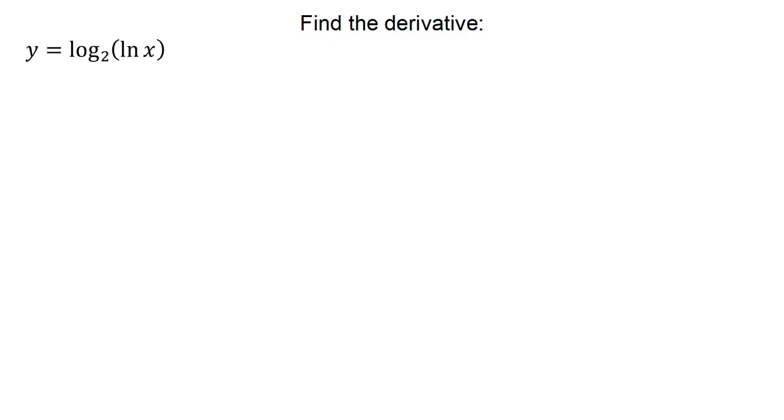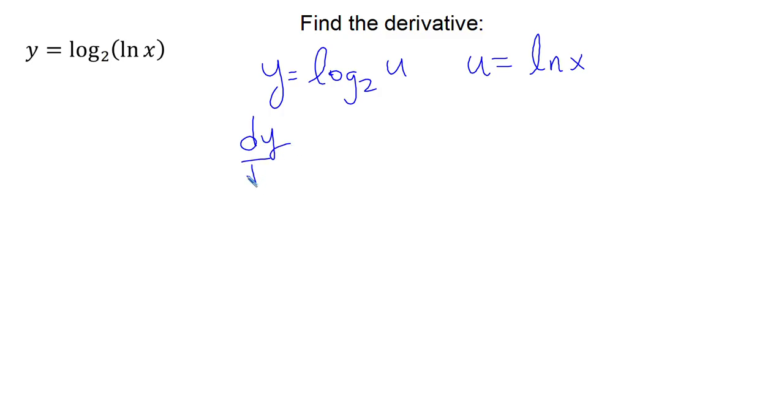All right, for number 19, our second to last one here, we've got y equals log base 2 of ln x. So that's y equals log base 2 of u, where u is ln of x. So we will just use our chain rule, take our derivative of each one separately. dy du should be using the rule 1 over u times the natural log of 2.